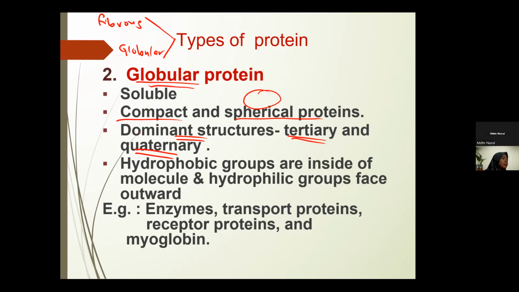Example of globular protein are enzyme, right? Transport protein, okay, protein yang gunakan untuk transport melalui membrane contohnya, reseptor protein, protein yang akan digunakan sebagai reseptor. What is receptor? Penerima, and also myoglobin.